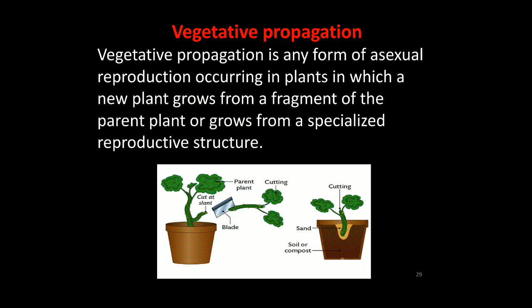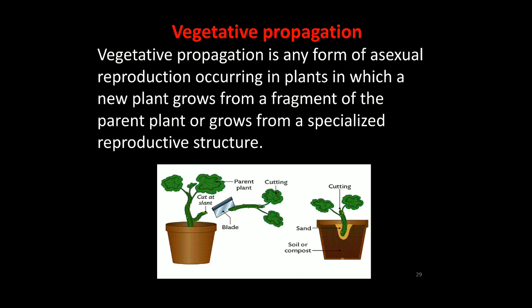Now, vegetative propagation. What is vegetative propagation? For example, if we have to get some plants, we will put the seed. Mango, if you want to grow a mango plant, we will eat the mango and put that mango seed inside the soil, you will get a new plant. But if you want ginger, or potato, do you have any seed for potato?